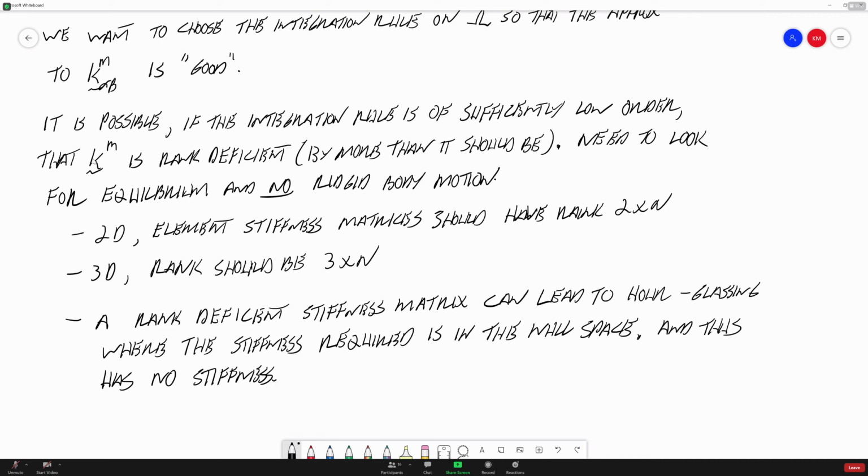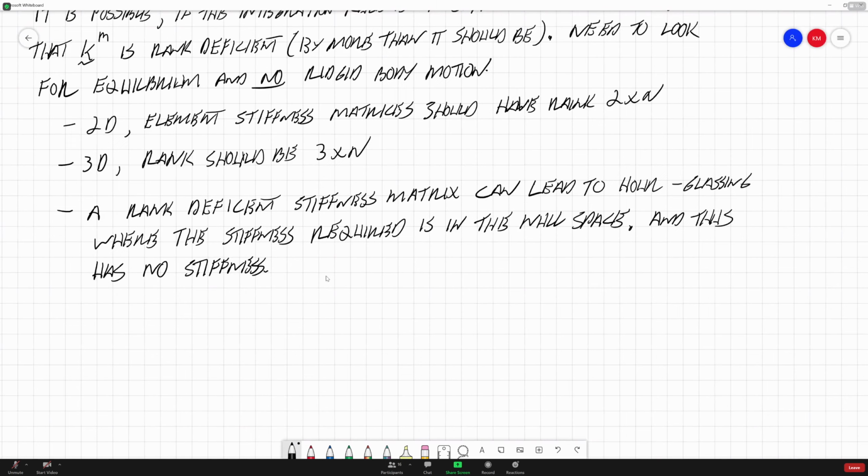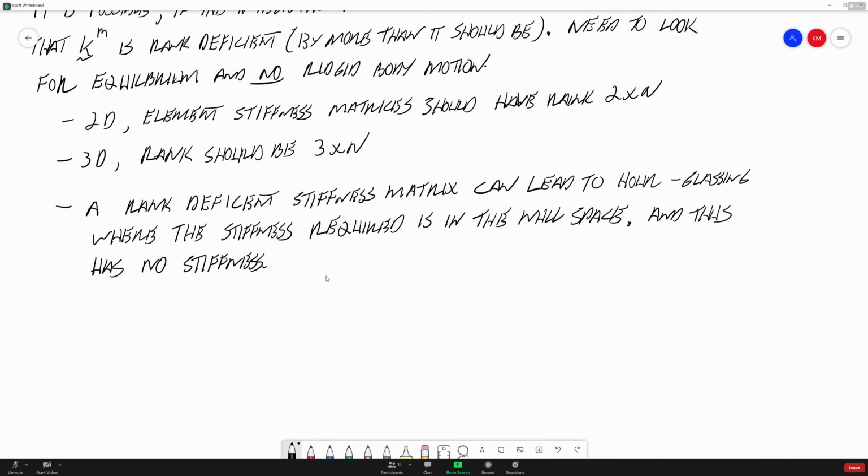So this K matrix, we're calling this K to the M. It's a matrix. So let's say that we have a 2-dimensional matrix, and we have a K11, K12, K21, K22.